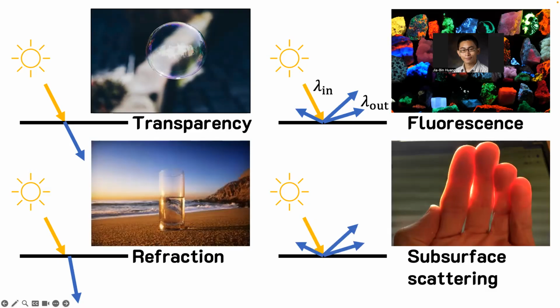If you hold your fingers toward the sun on a sunny day, you'll see this glow. What happens is that the light comes into your skin and scatters around before it bounces out. This is a very complex phenomenon. It's not just directly bouncing off the surface.